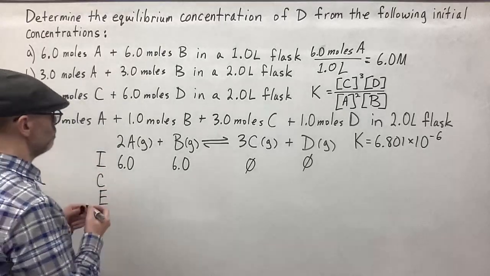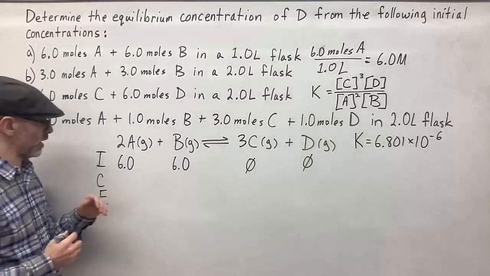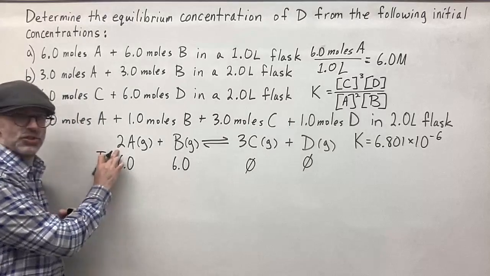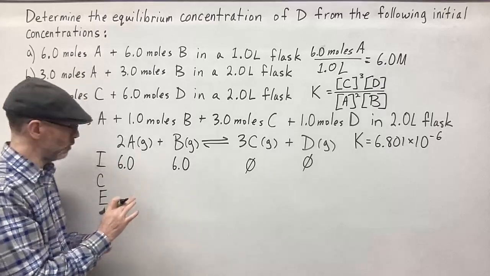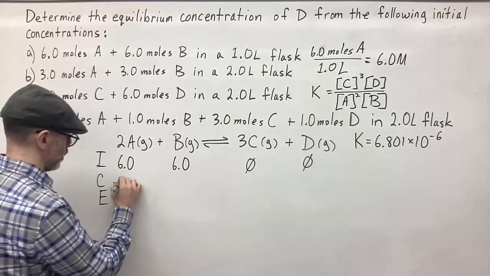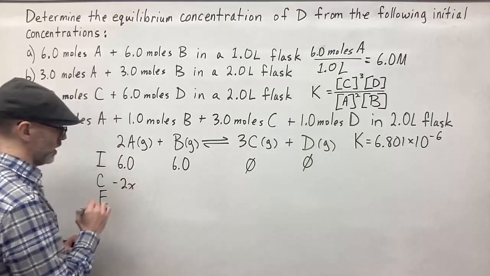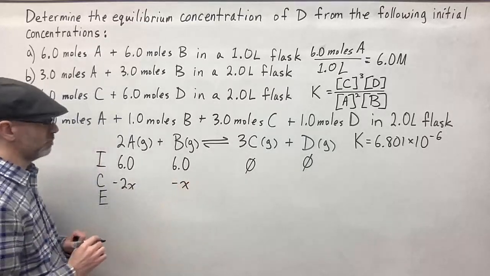Okay, so we know that we're going to lose an x amount here. Because that's a 2 and this is a 1, we're going to have to use stoichiometric amounts. This is a 2-to-1 ratio, so that means we're going to lose a 2x amount here, and we're going to lose an x amount there.